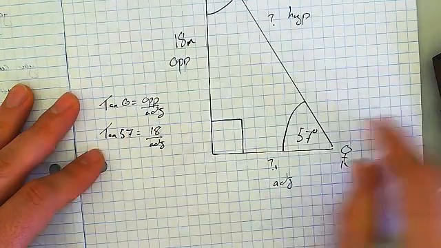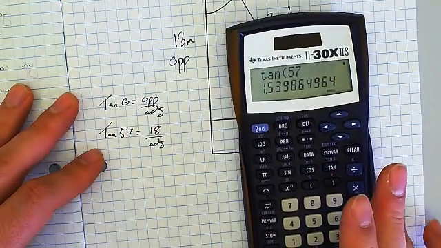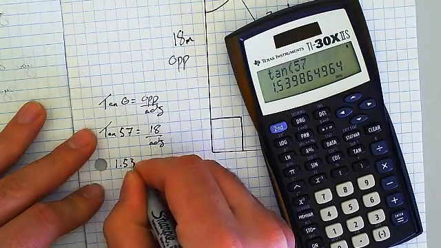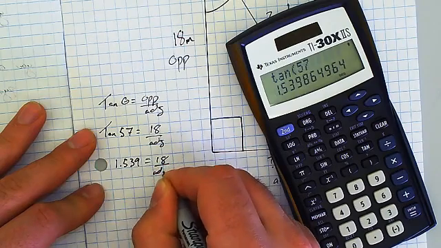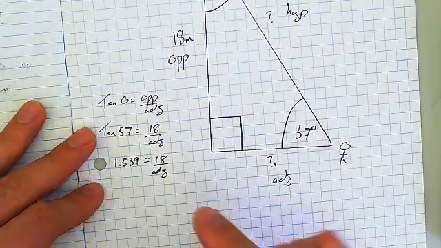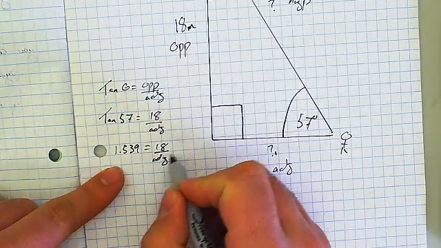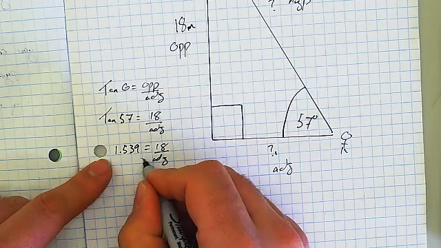I'm going to rearrange this to get the adjacent by itself. I know that tan of 57 is 1.539. I know that when I have an unknown on the bottom, when I rearrange this, I'm going to multiply both sides by the adjacent and then divide both sides by 1.539.